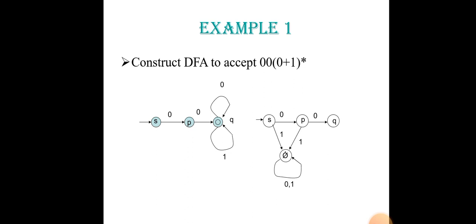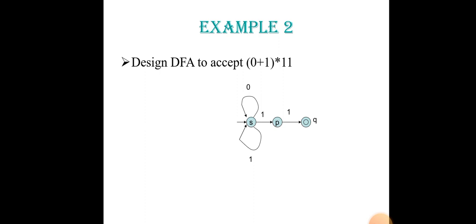The ending should be 0 1 1 0. So the transition is satisfied. So from Q2 to 0 1, this is the final state of Q. Let's see a small example designed to accept 0 plus 1 whole star. It ends with 1 1.